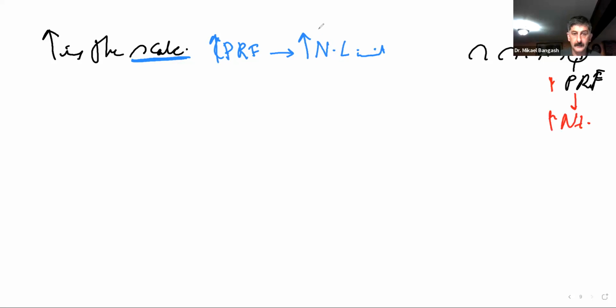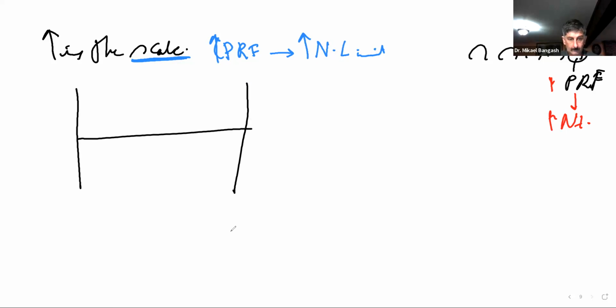So what would that mean? Let's say we start a Doppler recording. Now let's say, for instance, that we have a positive Doppler shift.